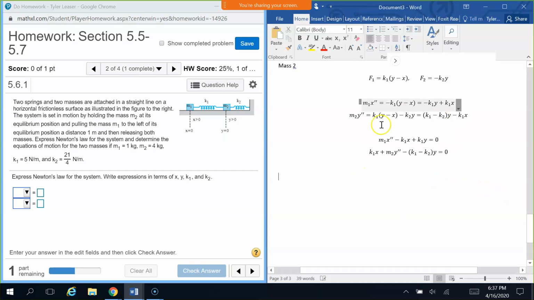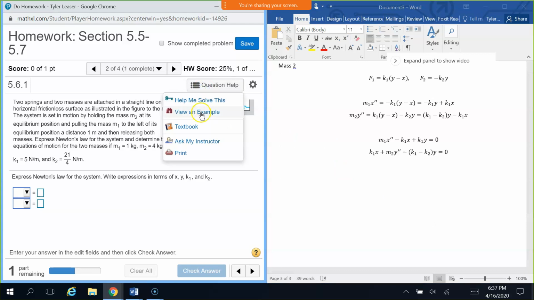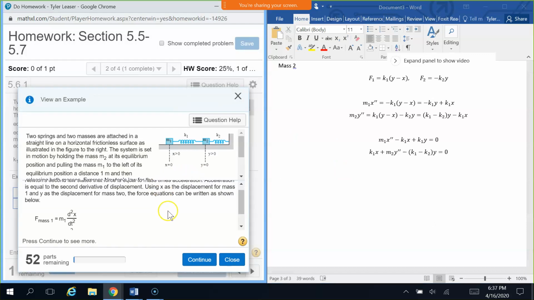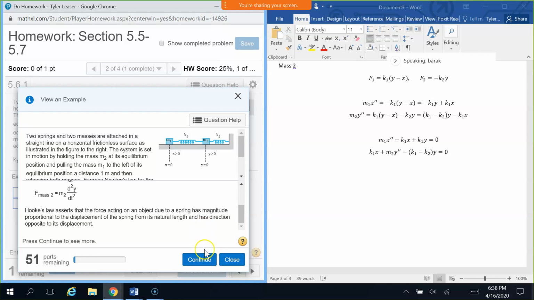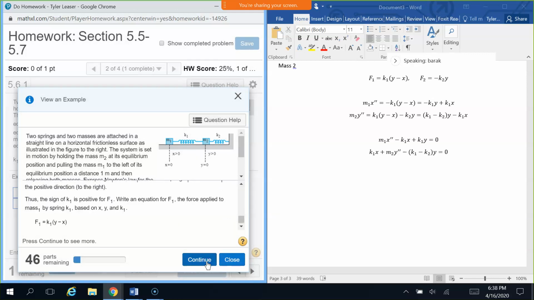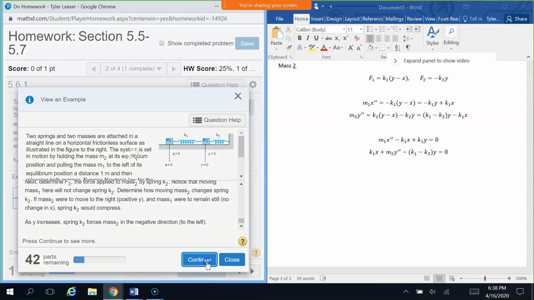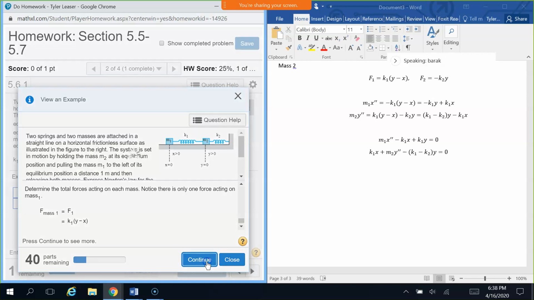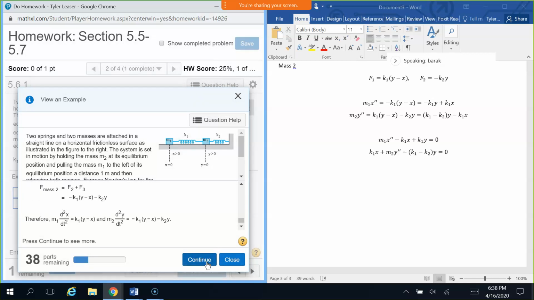Okay, I'll let you guys get that done. Oh, good, there's a viewing example. Let's double check to make sure I have my stuff in the right order, my signs. It says F1 is all positive, F3 and 2 are negative.